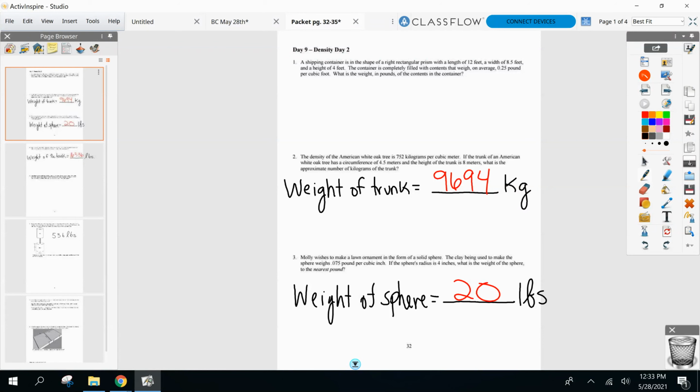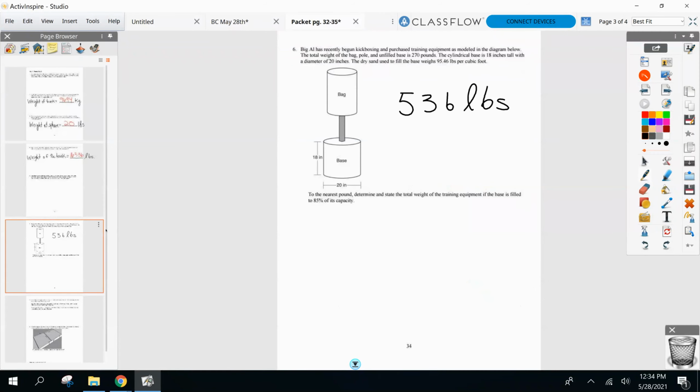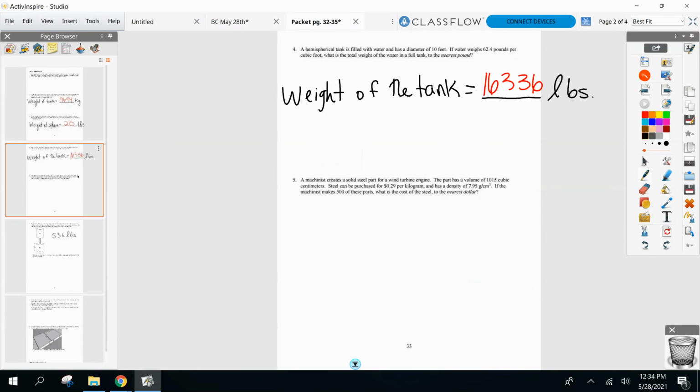Up, Sean. Okay, let's get the Big Al. Number 4 for you guys at home. Number 4 up on the board, and then it's Big Al time.